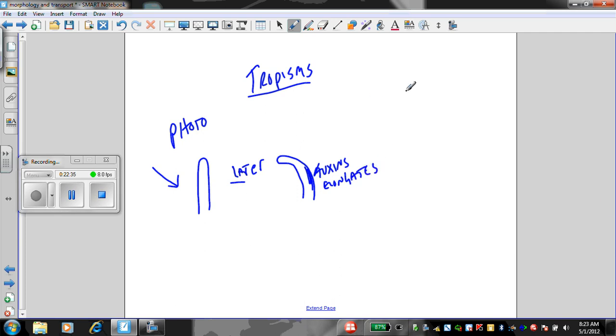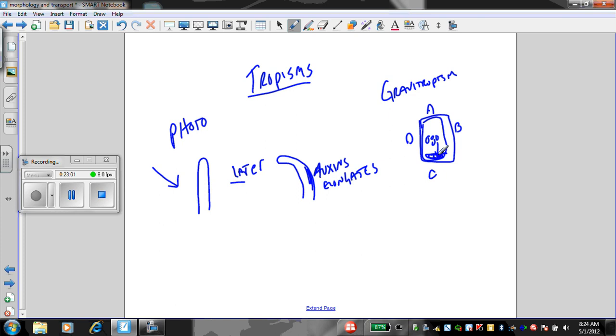We're going to see this kind of auxin distribution with things like gravitropism, where it's responding to gravity. So if your cell is here, we'll have these things called statoliths, which are starch granules in the cell. Those starch granules are going to fall down to the bottom of the cell.